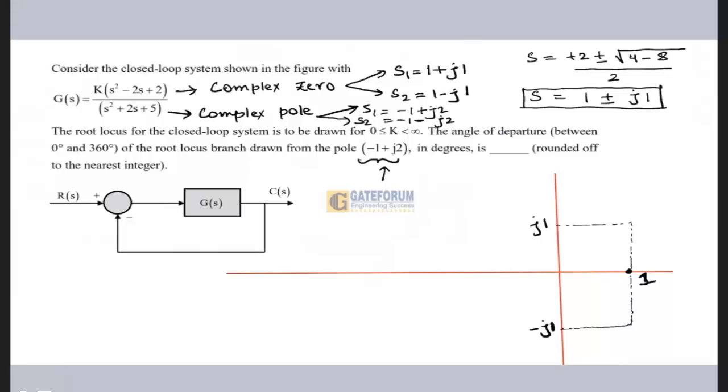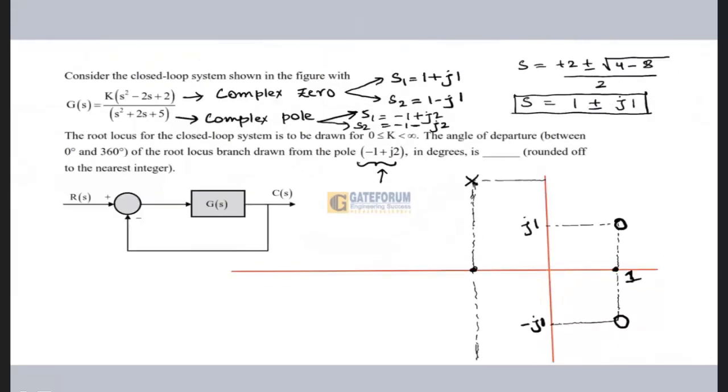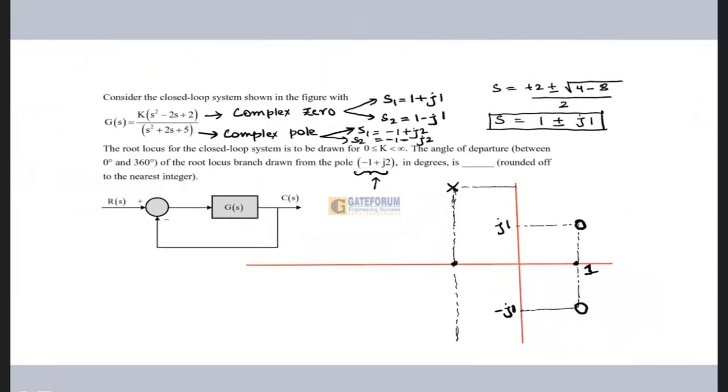So minus 1 will be here and plus j2 means somewhere here. So I am having two complex poles. Here I was having complex zeros and here I am having complex poles.